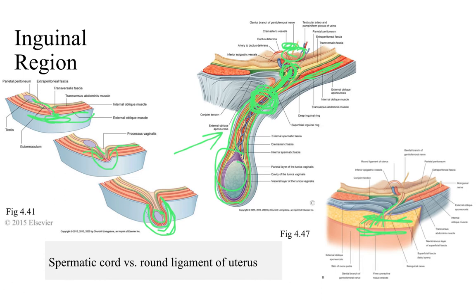And it will continue on through the abdominal cavity, where the superficial ring would be in males and the deep ring would be in females, and then into the abdominal cavity. But instead of becoming part of the ejaculatory pathway, it will become the round ligament of the uterus. All right, and again, we'll see that when we get to reproductive anatomy as well.